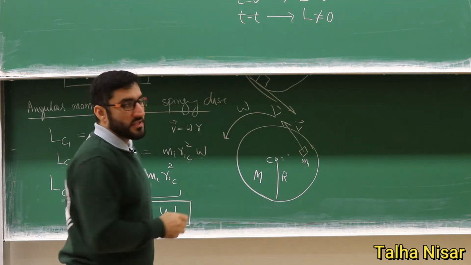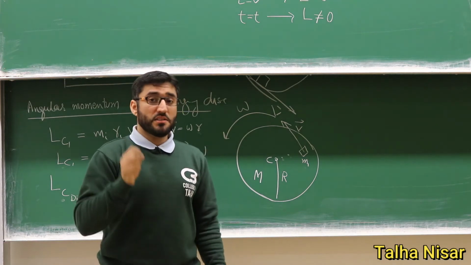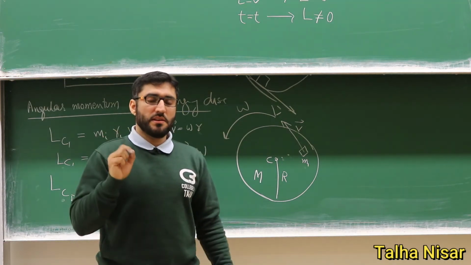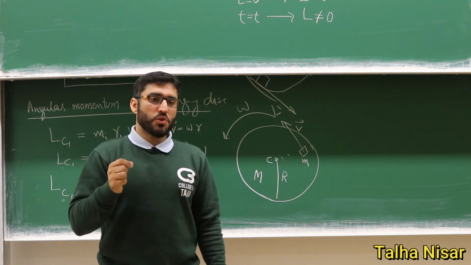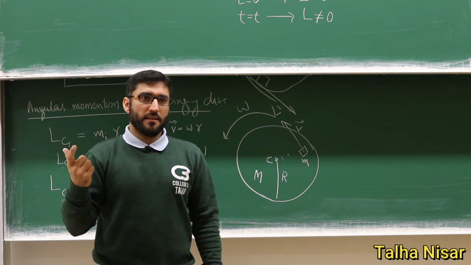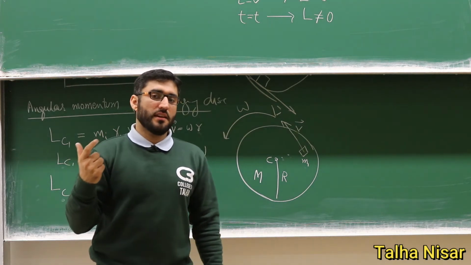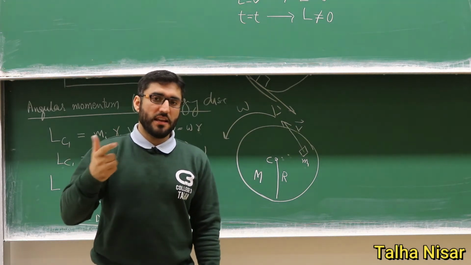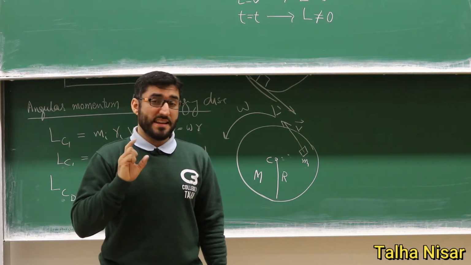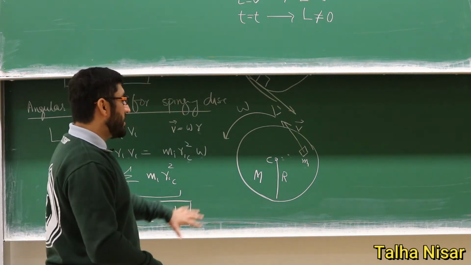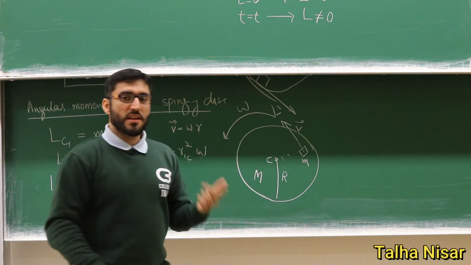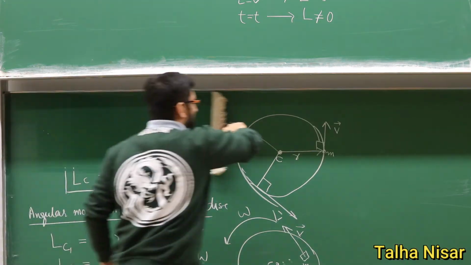That's why the spin angular momentum is used when we talk about atoms. In future lectures, when we talk about the spin of the electrons or the atoms, we will use this spin angular momentum, which is the intrinsic property of this object revolving around its center of mass.